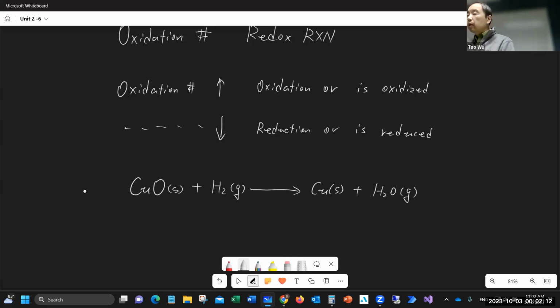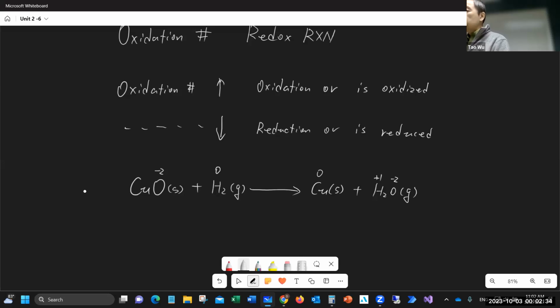Okay, and we assign the numbers. We talked about all the elements: the oxidation number is 0, no matter what kind of element, as long as it's an element, it's 0. And we talked about hydrogen is always +1. Oxygen is always -2, except in peroxide.